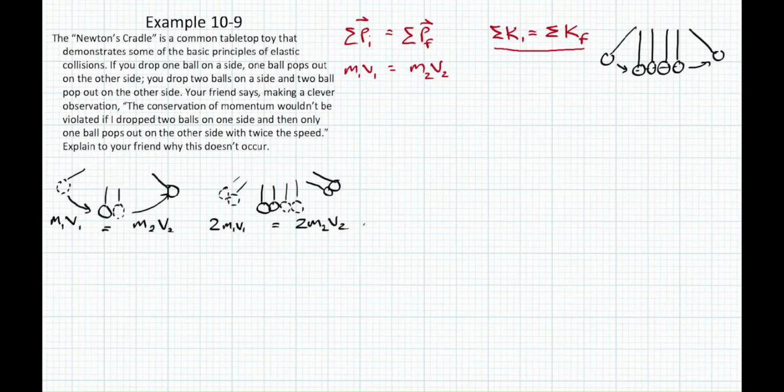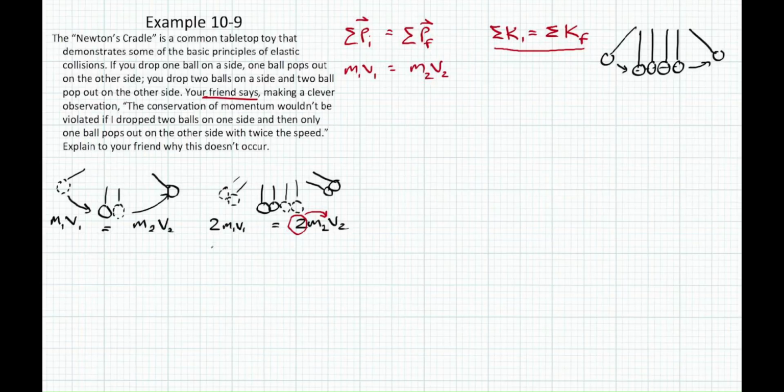But what your friend says in this problem, looking at this balanced momentum equation, he or she says, okay, well, who says that this 2 right here has to go in front of the mass? Why can't you pull 2 masses out over here and then have there be 2 times the velocity on the other side?